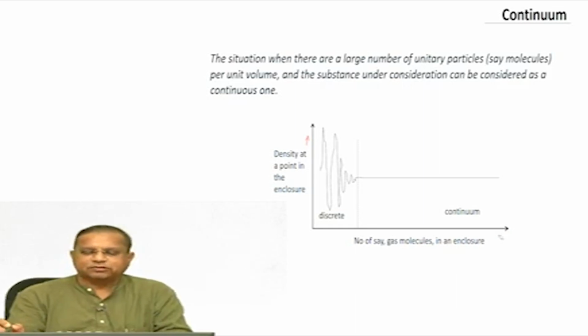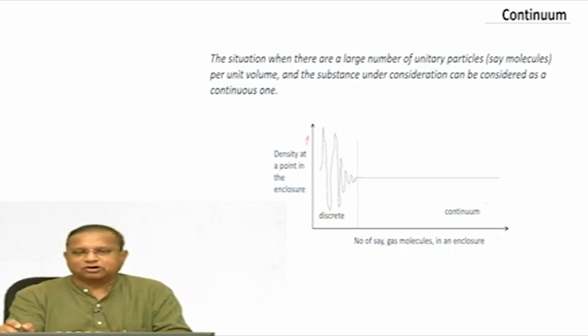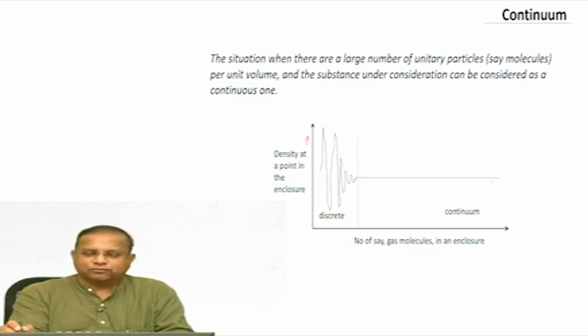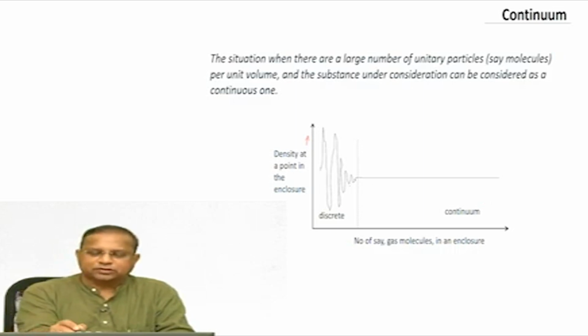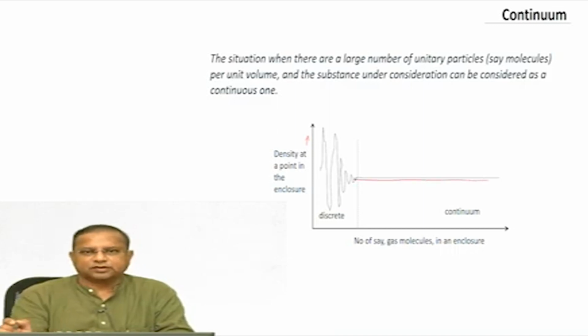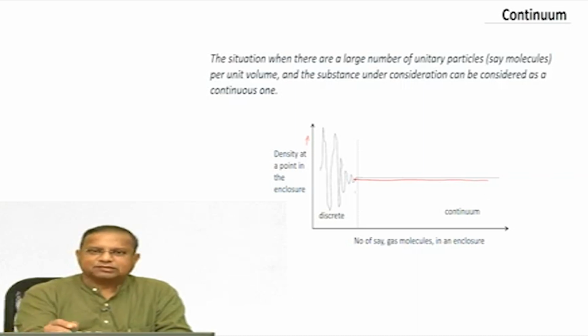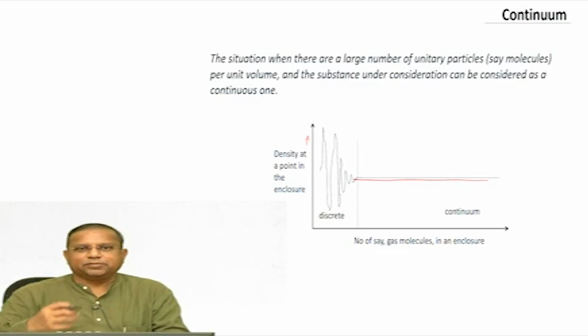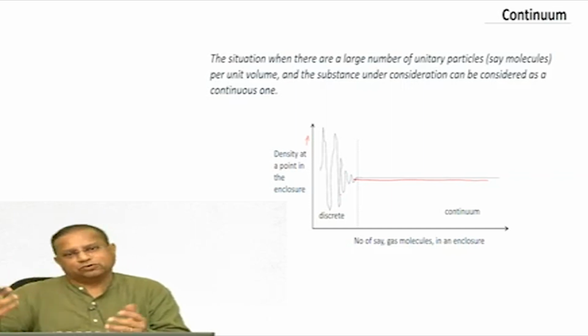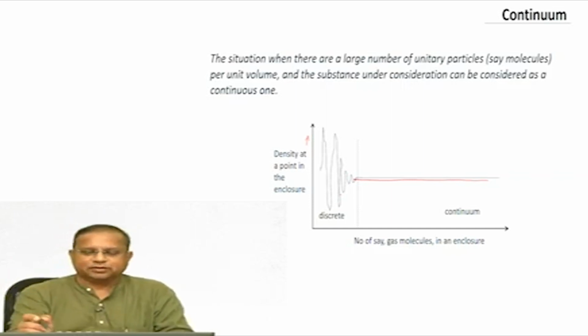If the number of gas molecules is large and you're measuring the density at a point, then the gas is a normal gas, and the properties depend on pressure, temperature, and so on. Therefore, you expect the density of the gas to be reasonably constant. That's this region here. And by doing this, we are reducing the number of gas molecules in that enclosure as we go from here to here, say by pumping out using a vacuum pump or something like that.